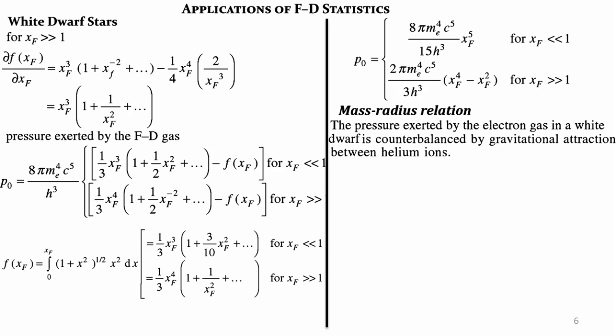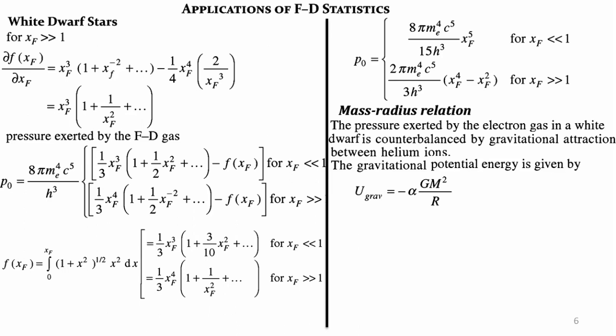So the pressure exerted by the electron gas in the white dwarf is counterbalanced by the gravitational attraction between the helium atoms. That's what we were talking about in the beginning. Now let us try to write down the expression for the gravitational potential. This is very simple, right?